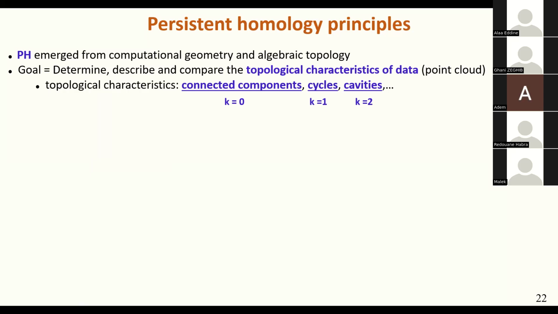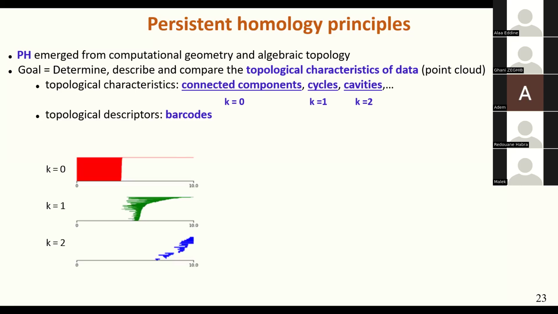What we mean by topological characteristics is exactly the connected components, cycles, cavities, which are in dimensions 0, 1, and 2, and so on in other dimensions.